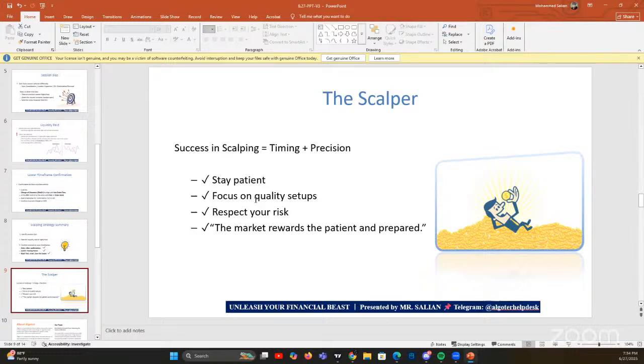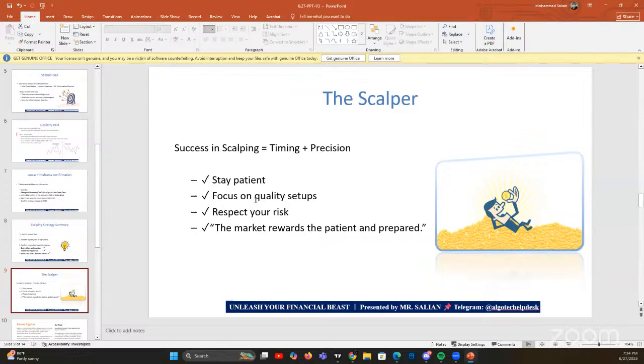And respect your risk. When you put a stop loss there, if price hits your stop loss, then so be it. You have to respect your risk tolerance. I showed you the position size calculator. Say you have $10,000 and you want to risk 10%.